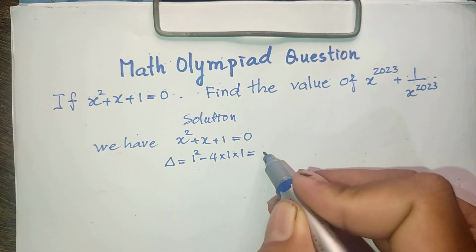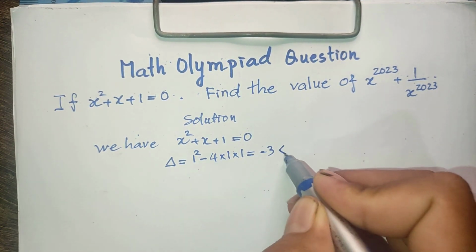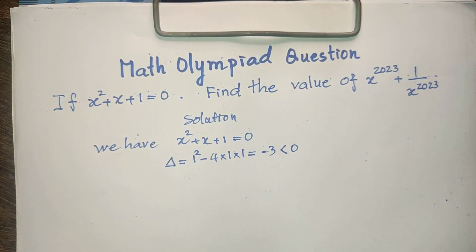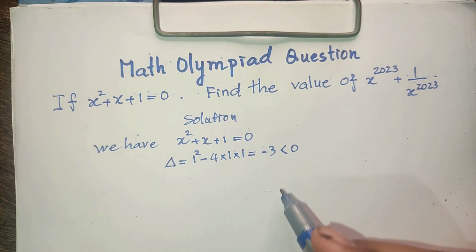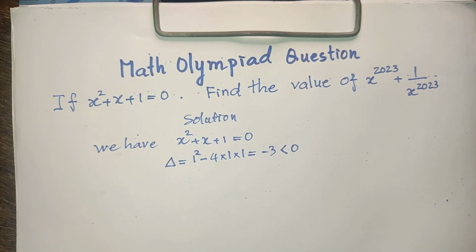So we get minus 3, which is negative. So it's negative, we don't need to find the values of x.